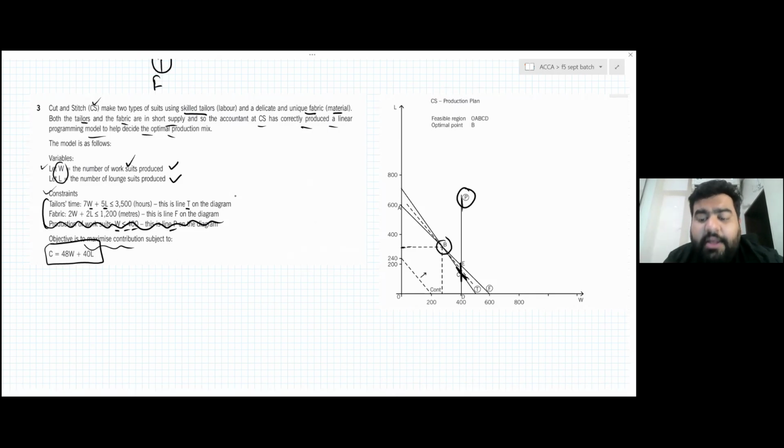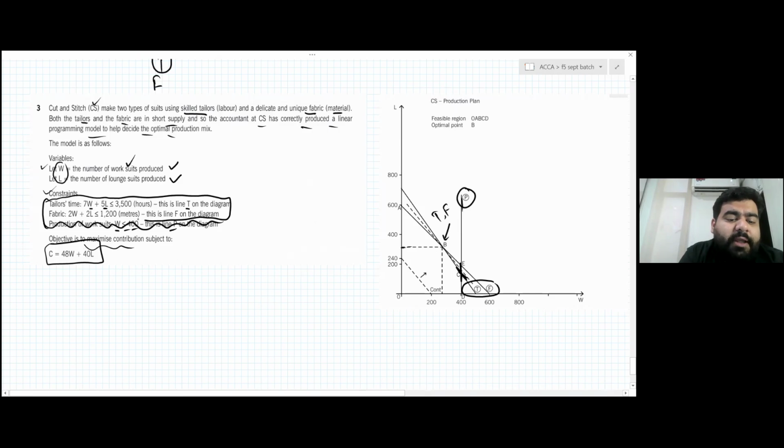Actually, this is the line on which there is no optimum point. The optimum point is this one, on which there are two equations, T and F. The lines intersecting here at point B are T and F. So from here we come to know that Tailor and Fabric are the two equations that will be used to calculate the maximum contribution, meaning it's on the optimum point, as we have done in the last question.